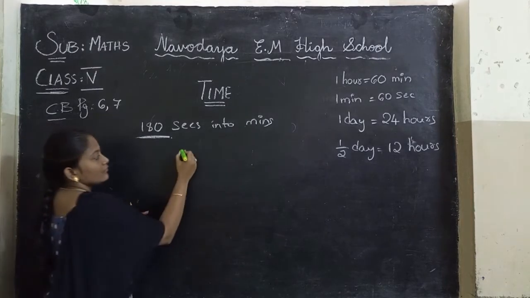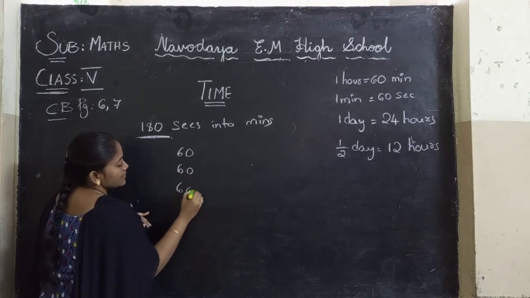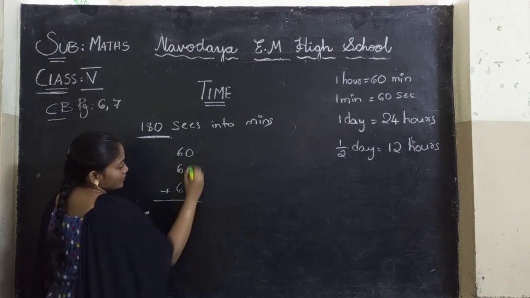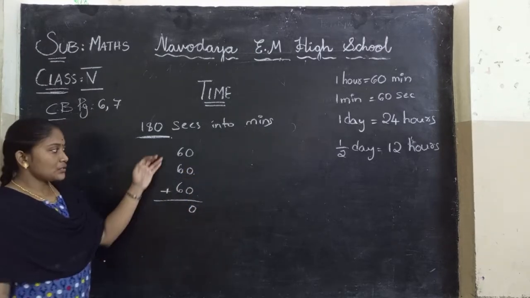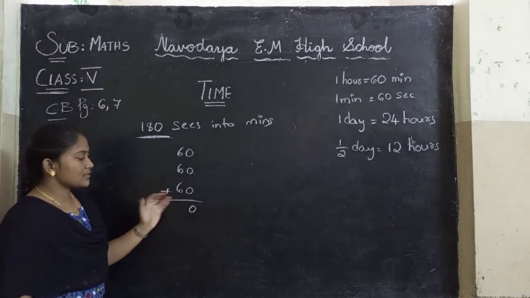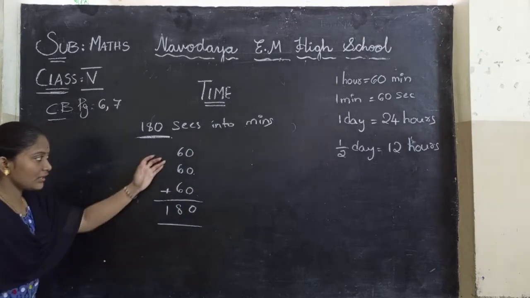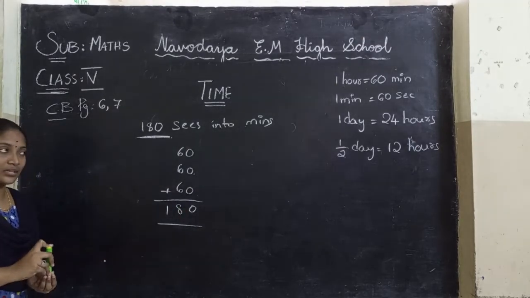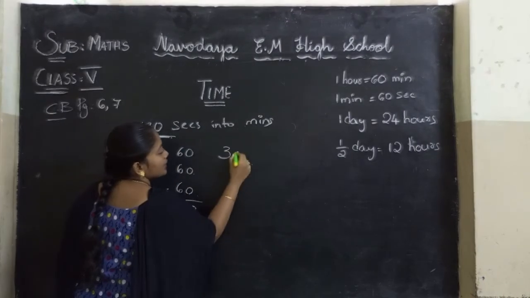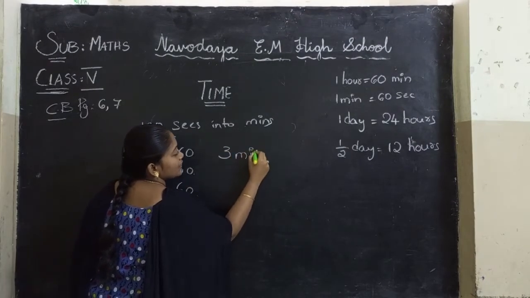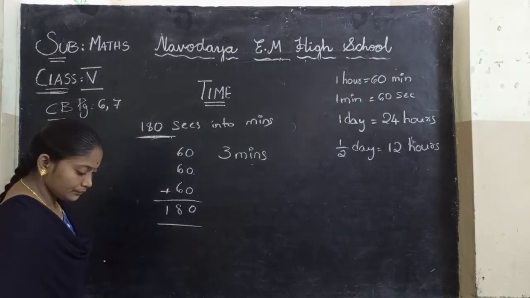Shall we add 60 seconds plus 60 seconds plus 60 seconds? 0 plus 0 plus 0, 6 plus 6 is 12, 12 plus 6 is 18. How many minutes? 3 minutes. 180 seconds means 3 minutes of time.